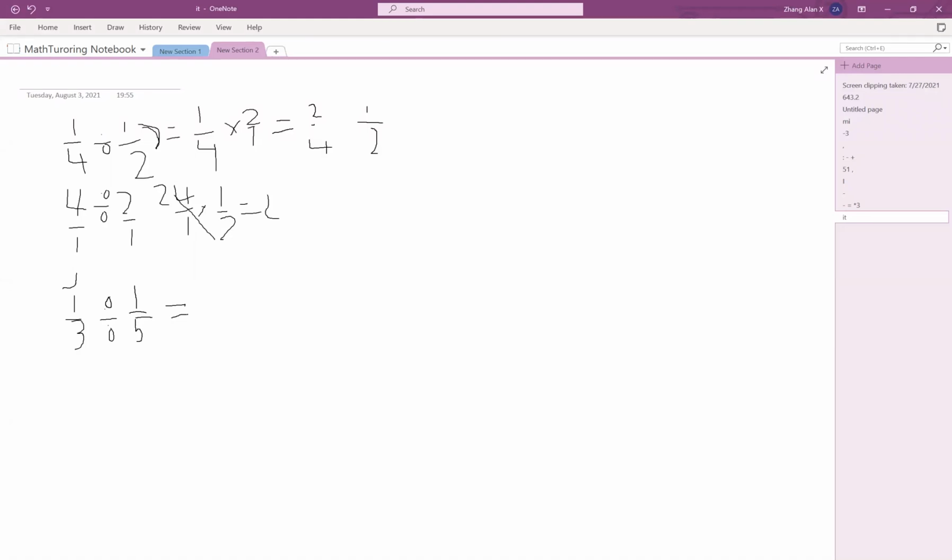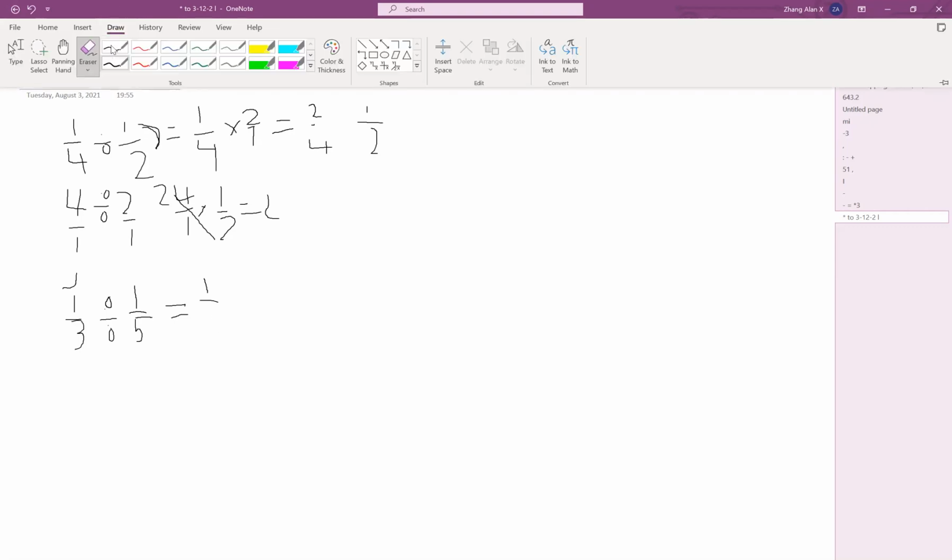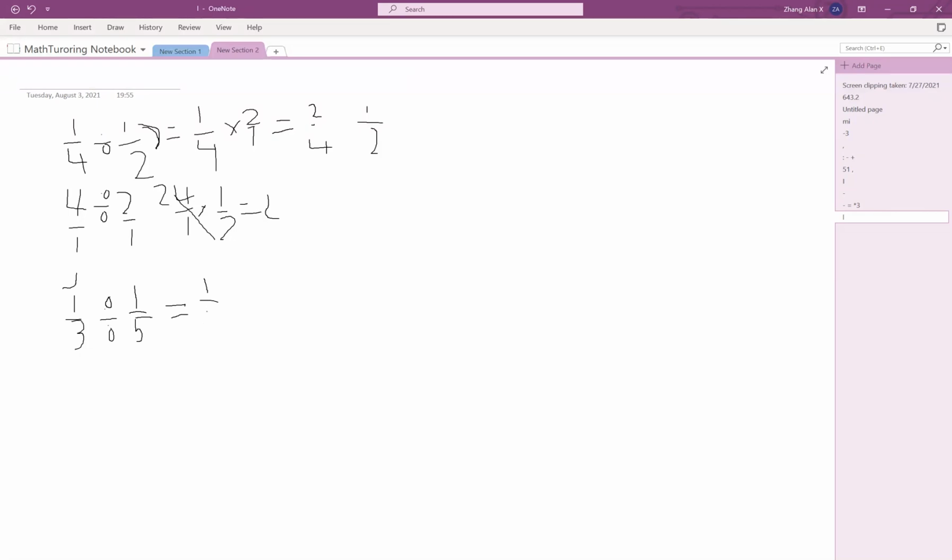So flip the second fraction. Yeah. So it's, no, wait, not that. Oh yeah, my bad. It's 1/3 times 5/1, which is 5/3.